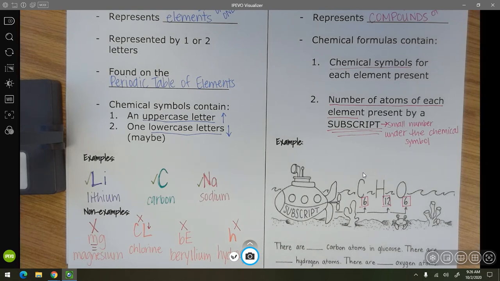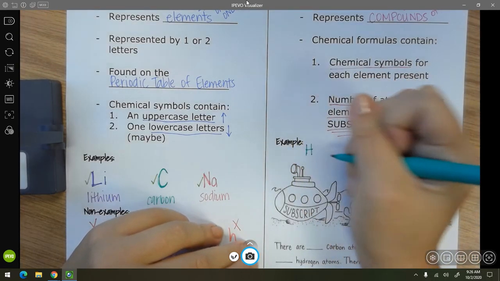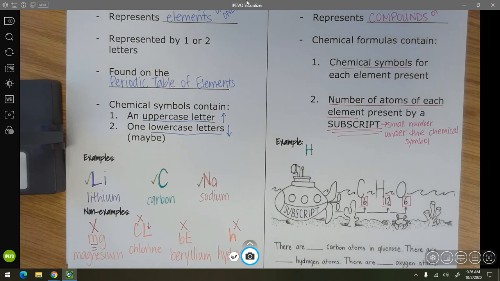All right, let's do an example before we talk about the submarine and maybe color that in and do all those different things, okay? So my example is going to be for this one that you should know really well. Hopefully you already know it, okay? Let me get my mouse out of here so you don't have to look at my mouse all the time. But it has hydrogen. Remember, I have to have the big H. And it has a subscript of 2.